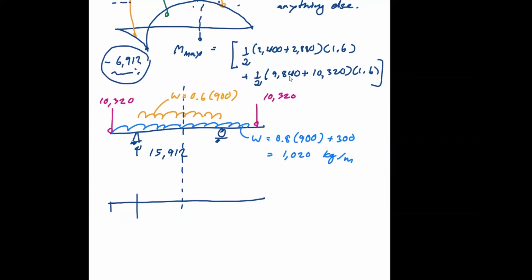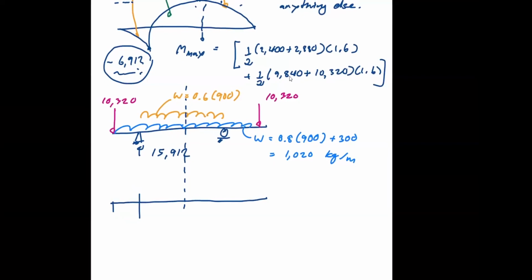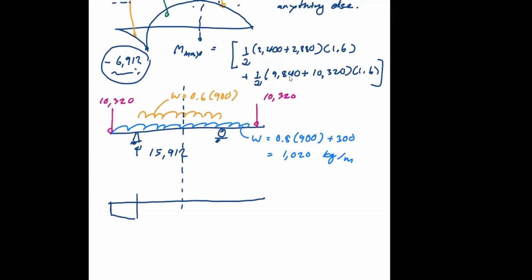Okay, and you forgive me for the scale. Then you have this. Now, if you really want to be completely correct, you must understand that this slope and then this slope, they're not equal because you have two different uniform loads, right? So they're not the same.